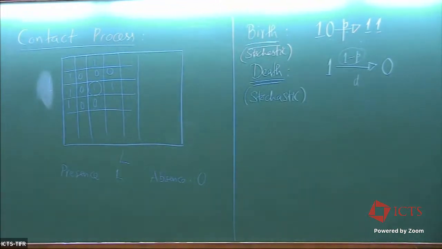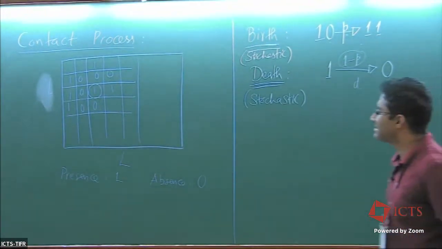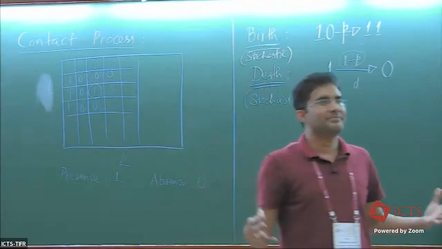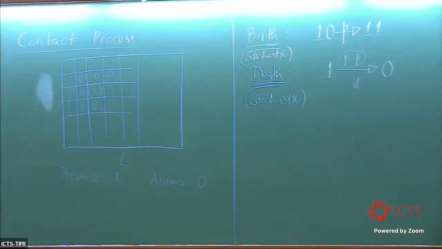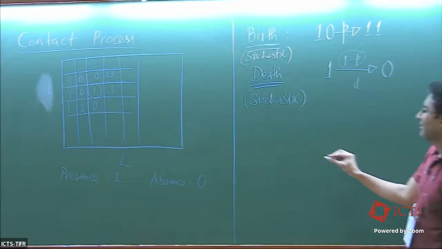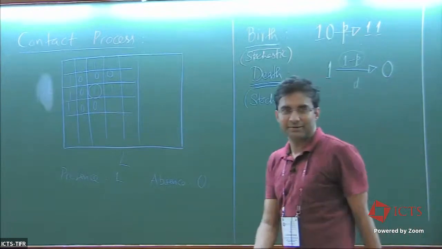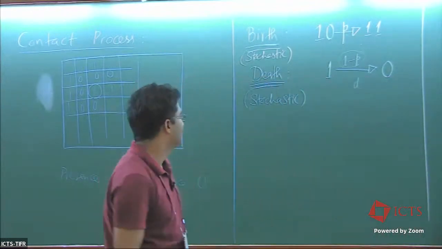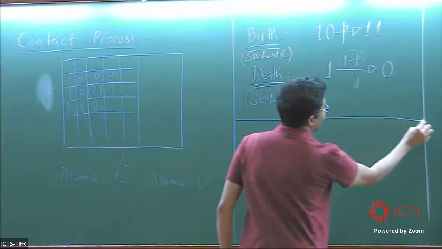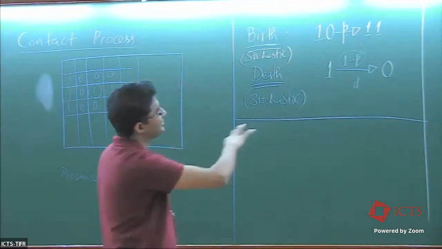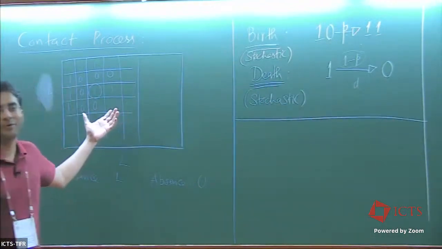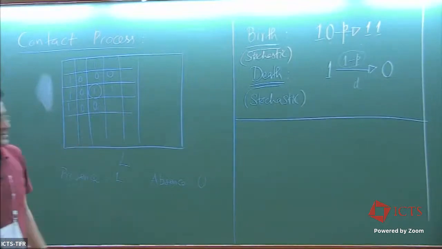To make some predictions of what the model will do, we can resort to an approach called mean field approximation, which is what Sudipta covered yesterday using the examples of chemical reactions. This is also some kind of chemical reaction, but written in space.